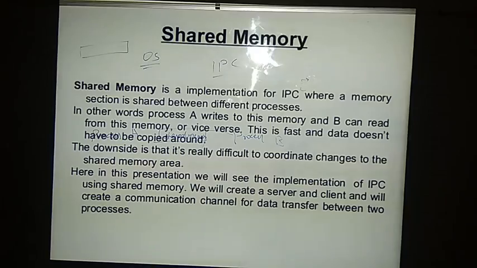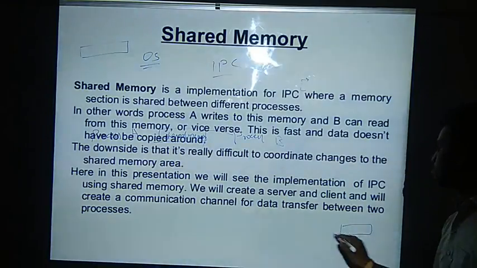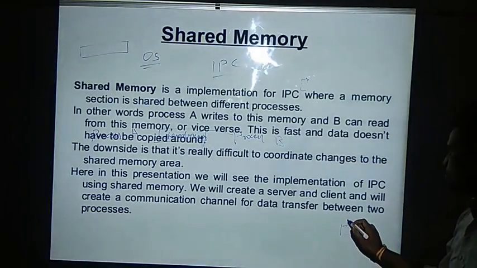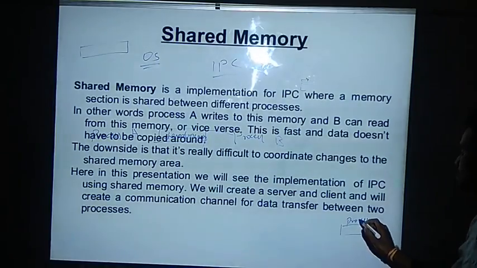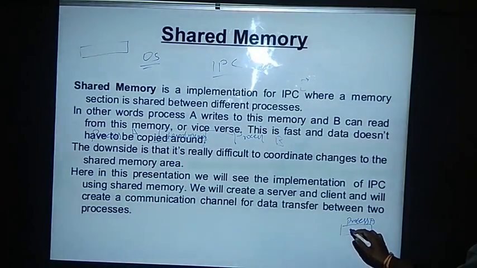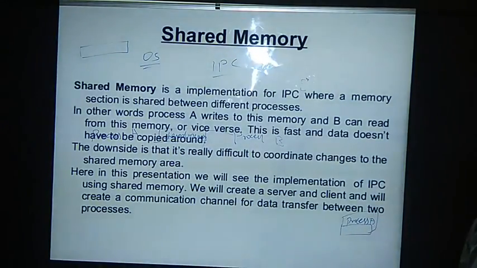For now, do remember that shared memory will be created by the process which wants to share the data. That is what we saw in the previous example. That is, process A wants to share the data, so process A will create the shared memory from its own address space, and it will be attached to process B, so that process A and process B can share the data.